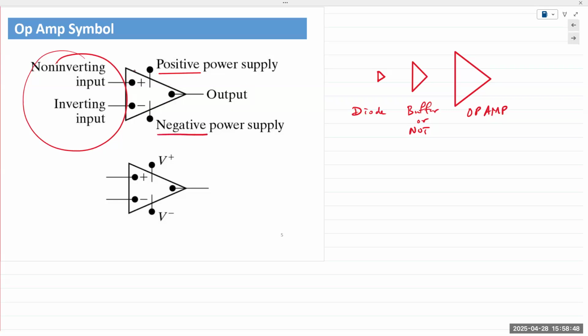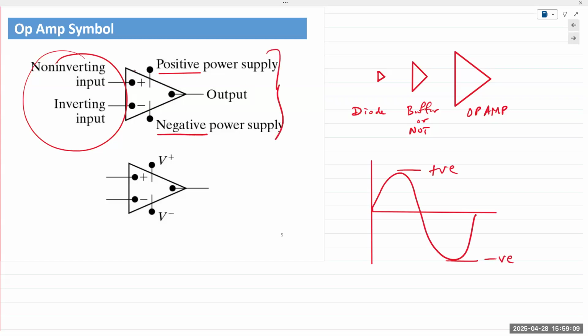This is used to allow an alternating sine wave or square wave to go in its full swing, meaning something like this. Like a sine wave or an AC would have a positive peak and a negative peak. So these are known as dual supply lines or dual power supply lines.